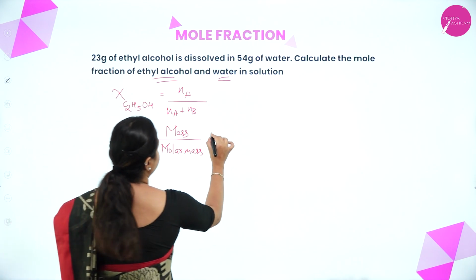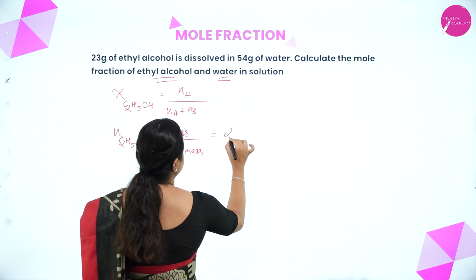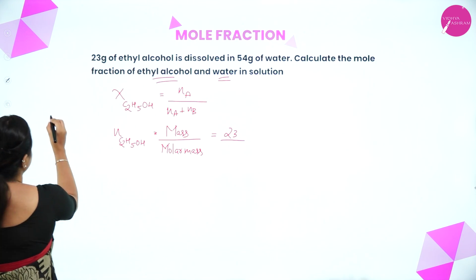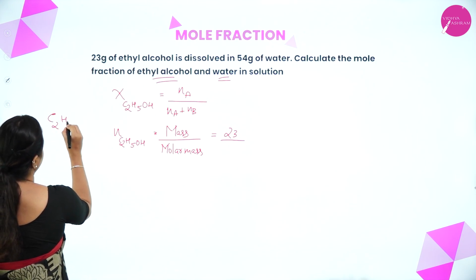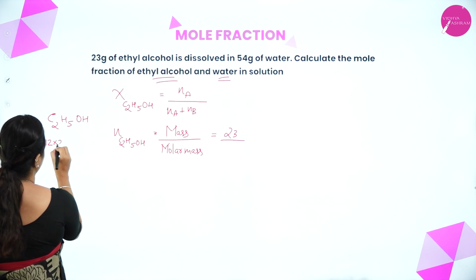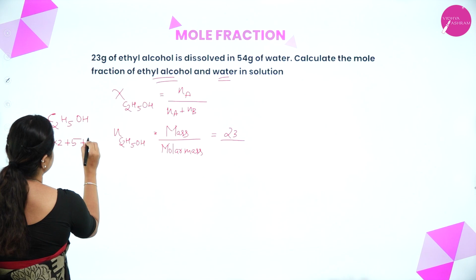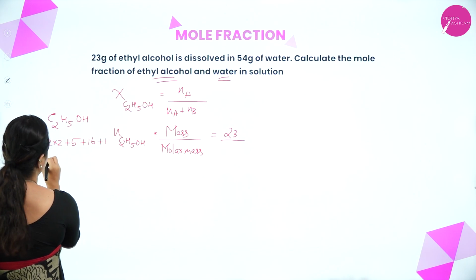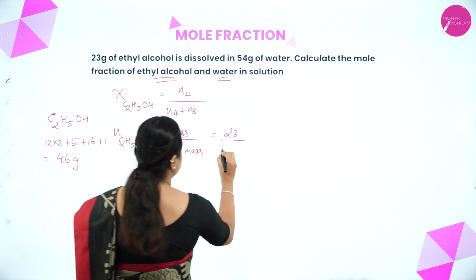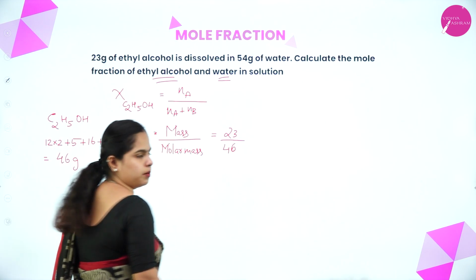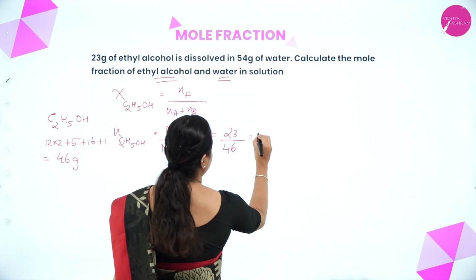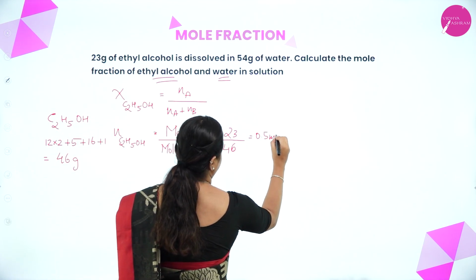So this will be equal to 23 divided by the molar mass of ethyl alcohol, C2H5OH, which is 12 into 2 plus 5 plus 16 plus 1, giving 46 gram. So 23 divided by 46 gives me 0.5 moles.